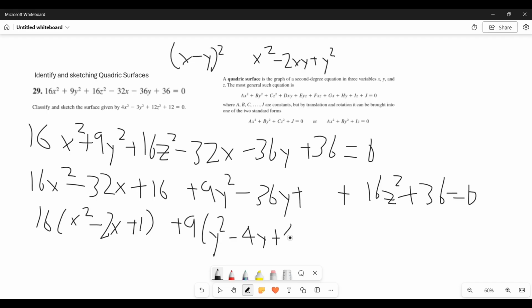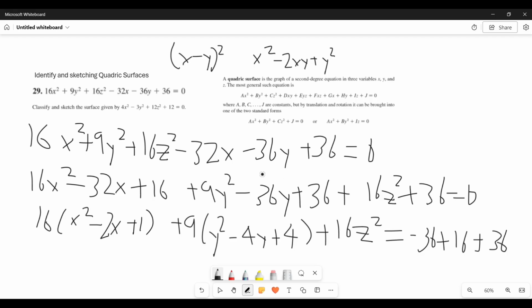So this is going to be plus 4. So this is plus 36 over here. And then 16z squared, just leave it like this. Let's move the 36 over to the other side. So it's going to be minus 36 plus the 16 here and plus the 36 over here.